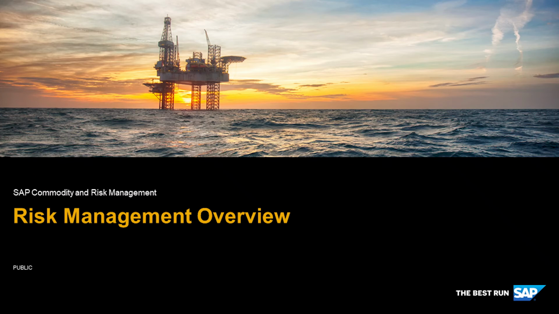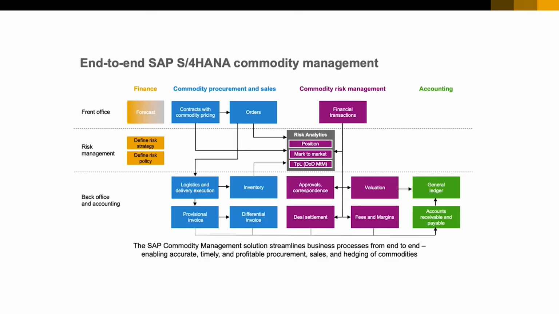So this is the holistic view of how risk management integrates into the whole commodity management solution we have, right? On one side, you have all your commodity procurement or sales trades coming in. This is where you create your physical deals.